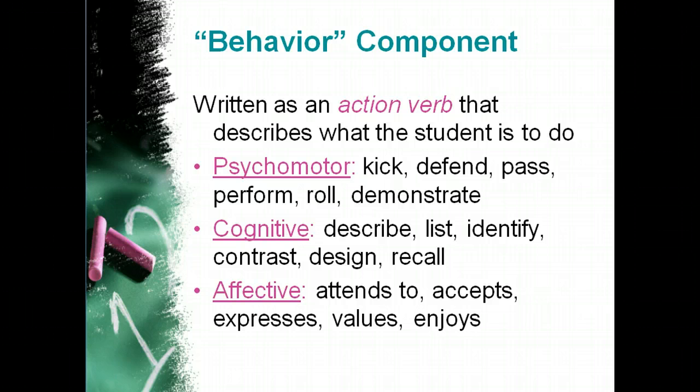For example, in Bloom's cognitive taxonomy, knowledge is the lowest level of cognitive performance. Several verbs from that level are identify and list. It's the simplest part of comprehension. Comprehension is the second level, and the verbs for that one would be things like recognize and compare.